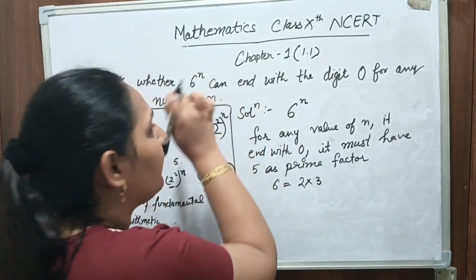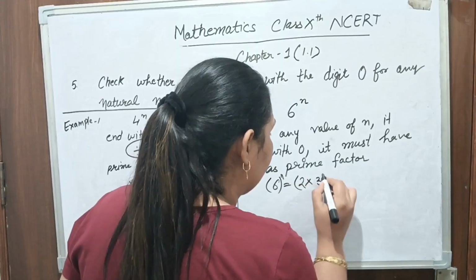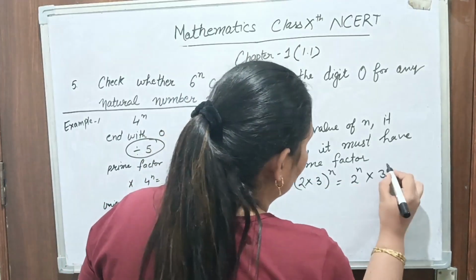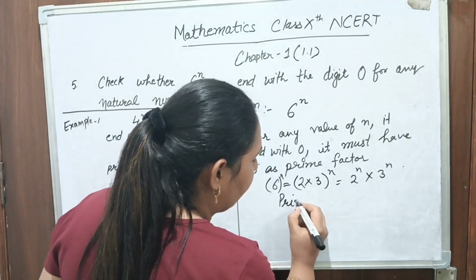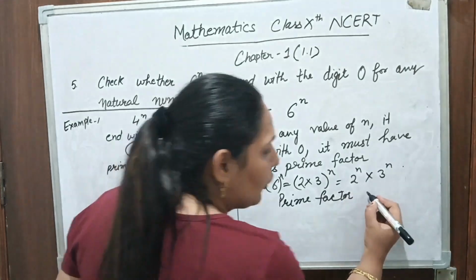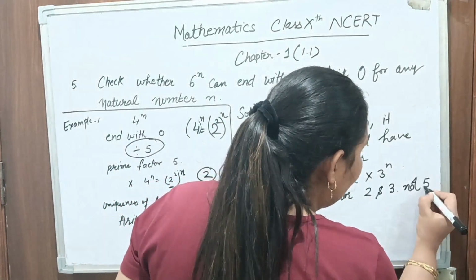Here we are talking about the power n, so we will multiply it with n. That is 2 raised to the power n and 3 raised to the power n. Here we are seeing our prime factors are 2 and 3, not 5.